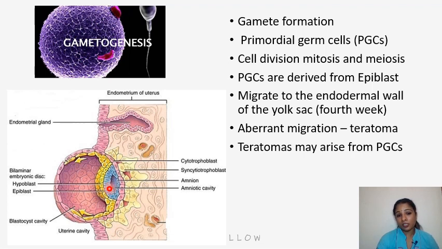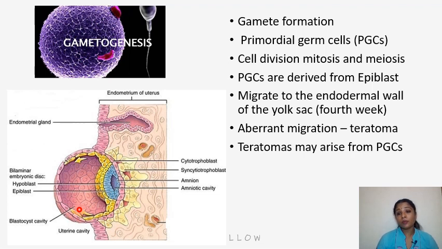Once these primordial germ cells are formed, they travel along the yolk sac. Here we can see the sac present below the endoderm. This is the yolk sac, and we can see a small amniotic sac starting to develop within the epiblast cells. Along the dorsal wall of the yolk sac, the primordial germ cells travel and reach the indifferent gonad after the 3rd week, because after the 3rd week we have all three germ layers: ectoderm, mesoderm and endoderm.